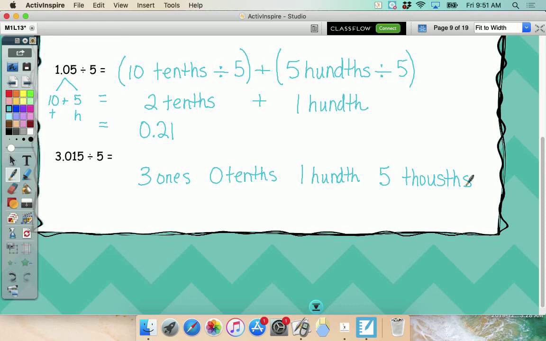Okay, so now if I'm going to divide by 5, my number's got to be divisible by 5. Does anybody know that rule for if a number's divisible by 5? Okay, somebody in block 1 knew it. I can't remember who it was, but listen to the rule. Any number that ends in a 0 is divisible by 5.